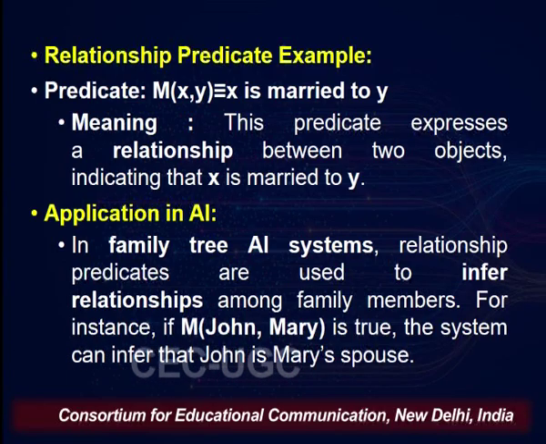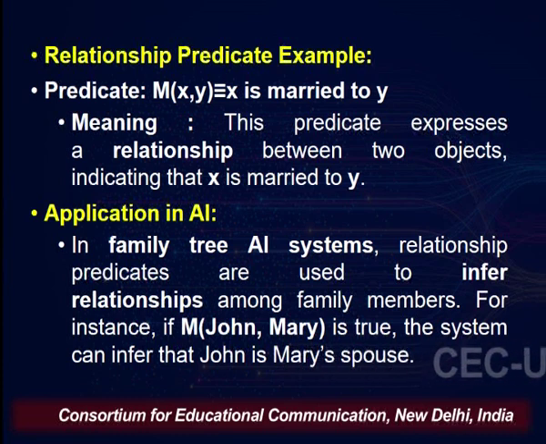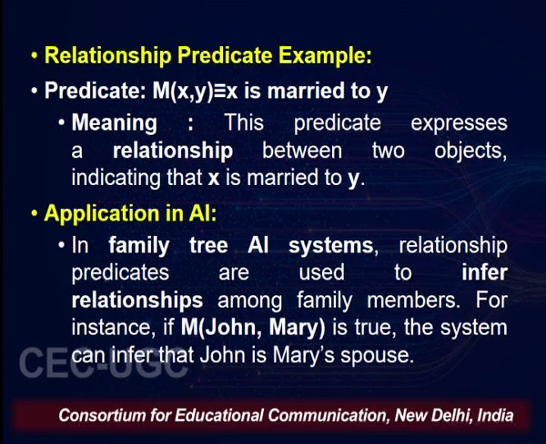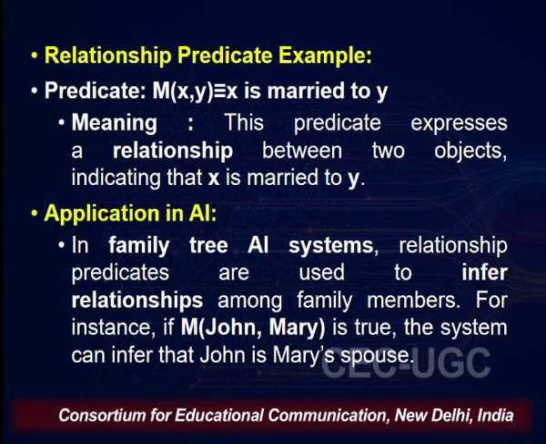Relationship predicates are used to infer the relationships among family members. So, for instance, M(John, Mary) is true. That means the system will infer that John is Mary's spouse. So, this is how this kind of relationship predicates are going to be used.